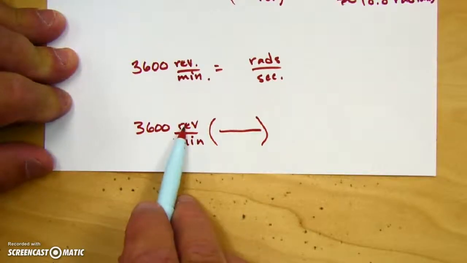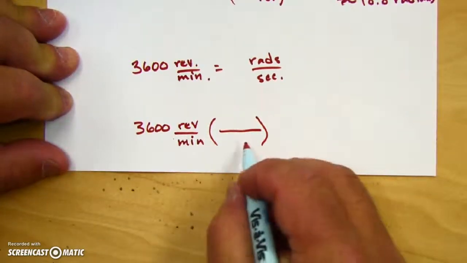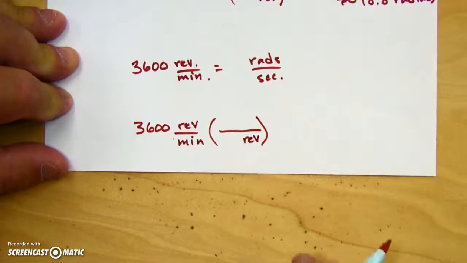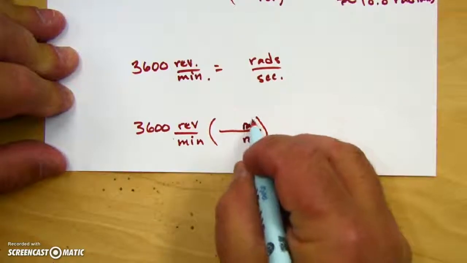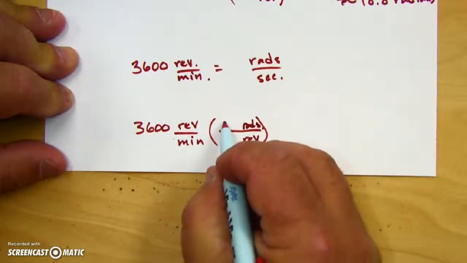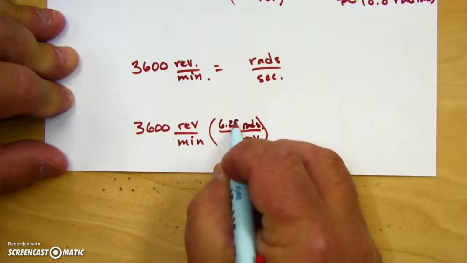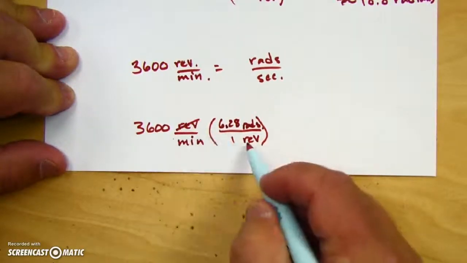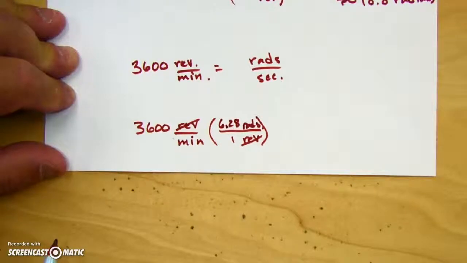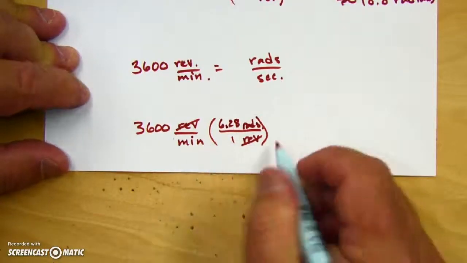I put revolutions on the bottom, and I'm going to cancel out units the same way we would cancel out numbers. I want radians on the top, and I know that 2 pi, 6.28 radians, is equal to 1 revolution. That allows my revolutions to cancel out, leaving radians per minute.